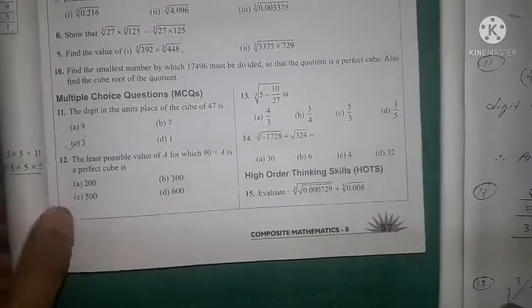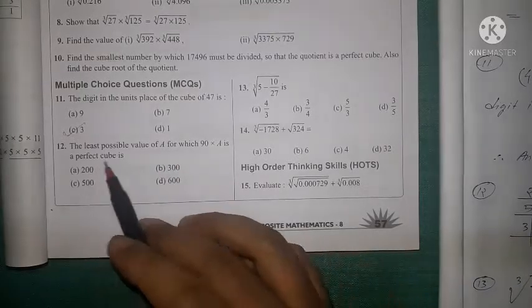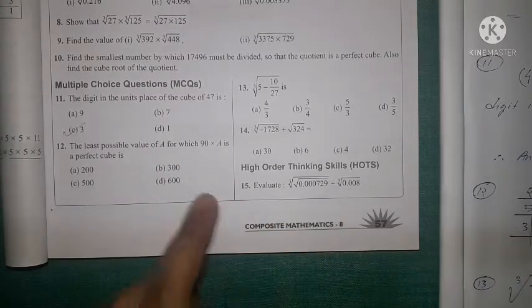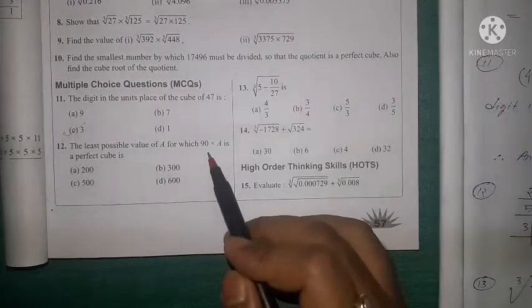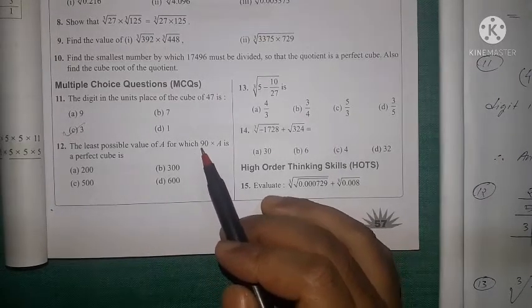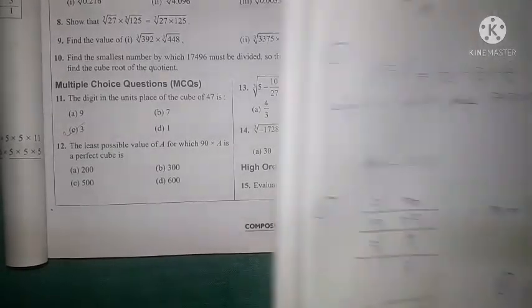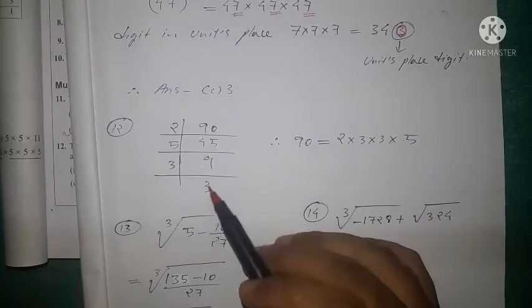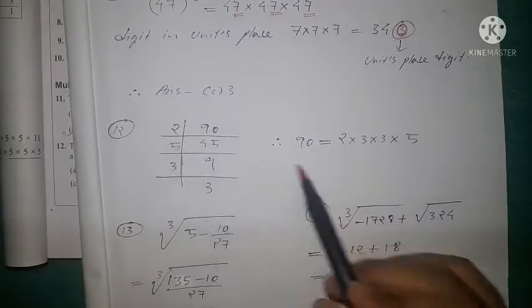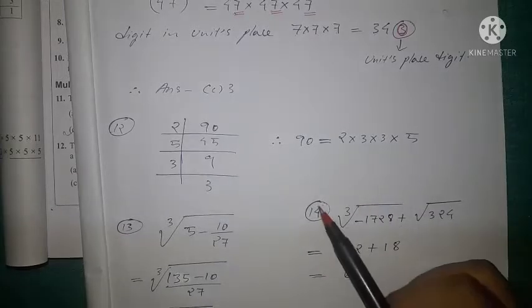Then question number 12. The least possible value of a for which 90 into a is a perfect cube. That means we need to find the value of a, that is, the value which, if we multiply with 90, will make it a perfect cube. So let's do the prime factorization of 90. The prime factorization of 90 is 2 into 3 into 3 into 5.